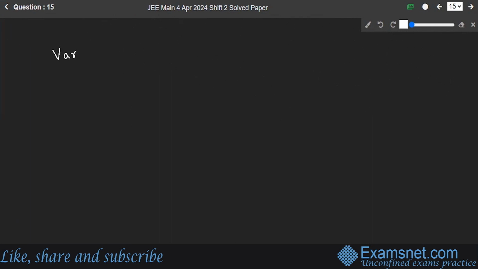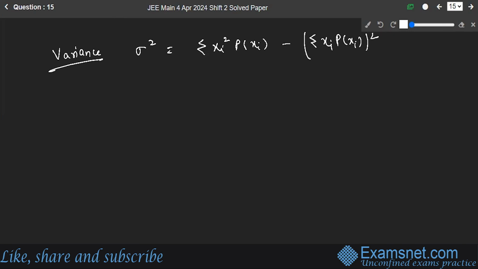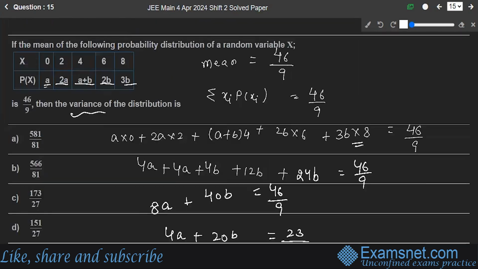So variance is equal to summation xi square p(xi) minus summation xi into p(xi), this whole square. Let's solve. First, xi square into p(xi). This will give me 0 because 0 into a.